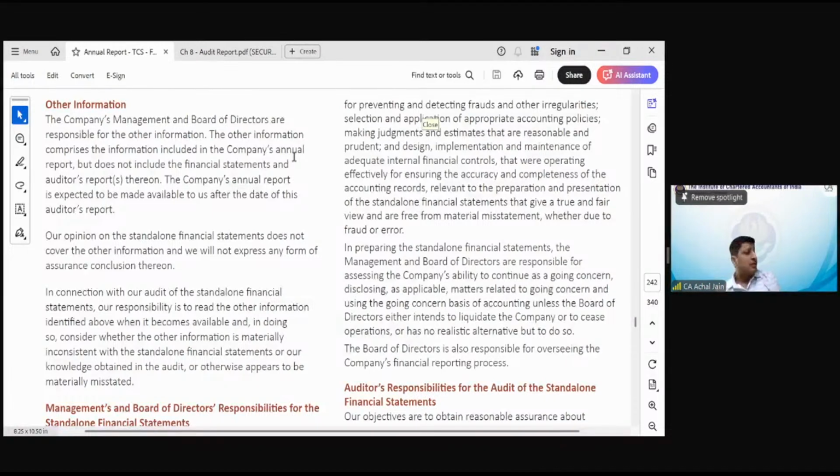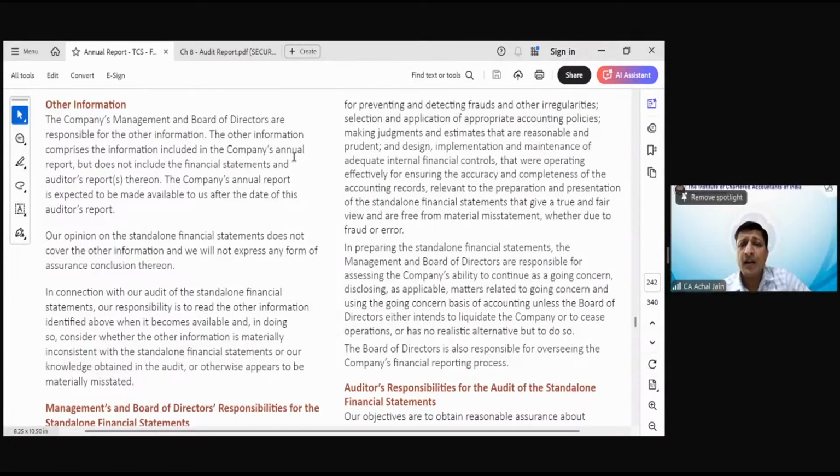The other query, Shreya is asking, sir, other information para. There is one para which you call other information, which we just discussed. And there was also a brief discussion on the other matter para. I think not really a discussion, but we touched upon this other matter para. So are these the same? The answer is no. They are very much different.